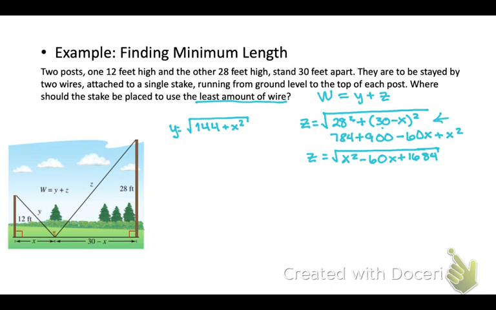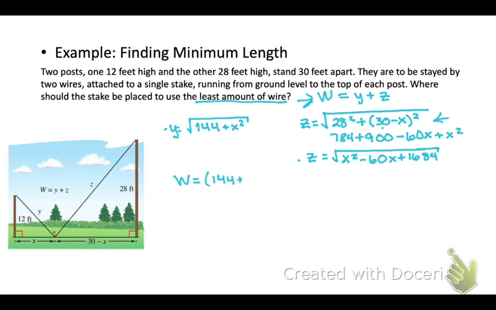Okay. So now that I have Y and Z both in terms of X, can I plug it into my wire equation to find the derivative? Yes. So wire equals the square root. Actually, I'm going to just make that to the 1/2. Can I just make it to the 1/2? Yeah, because I'm going to have to find the derivative.